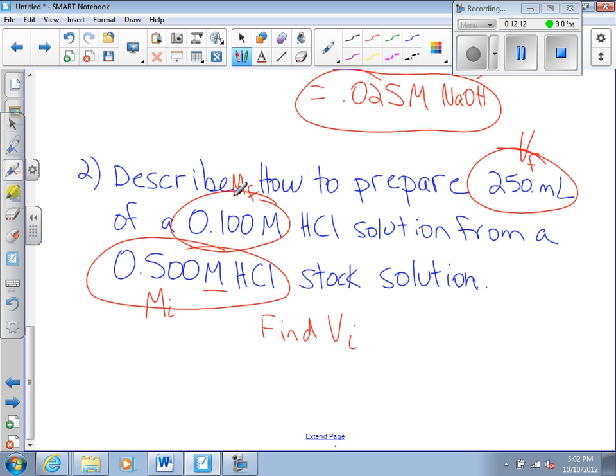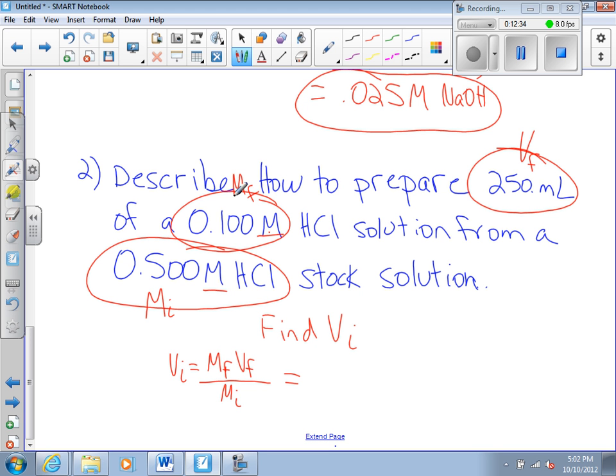And we'll solve our MiVi equals MfVf equation for the initial volume, Mf Vf over Mi, and plug in our values. Notice the units of molarity will cancel, and I'll be able to report my final answer in milliliters.